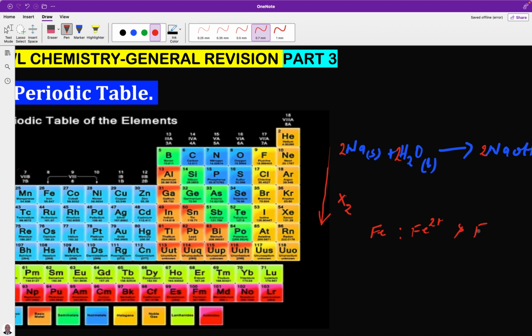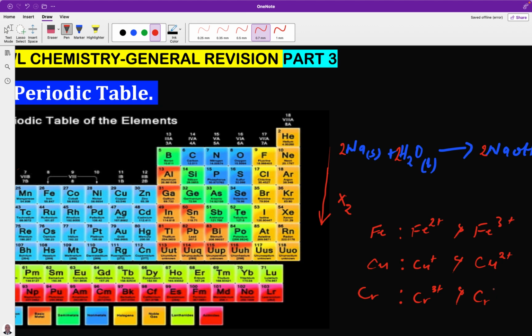For copper, we can have copper 1 plus and copper 2 plus. For chromium, we can have chromium 3 plus and chromium 6.